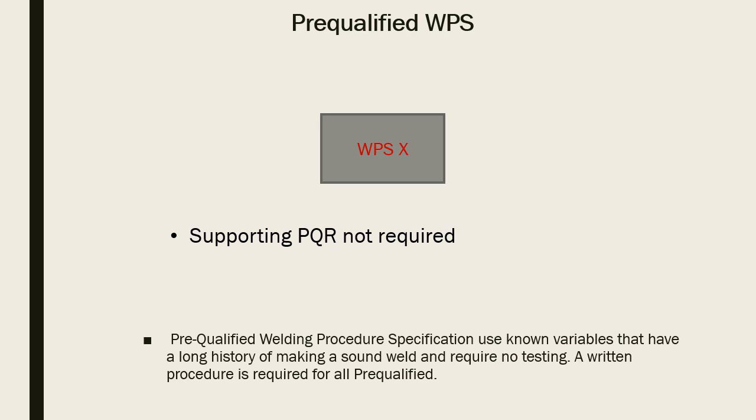So what's this telling us? It's telling us that there are codes like AWS D1.1 structural steel, which is carbon steel. They have a list of materials that are your garden variety, plain Jane, carbon structural steels, that if you weld them within the boundaries of what AWS D1.1 has said you should weld them with, they've got this little recipe checklist that you go through, and if you follow it and you follow all their rules for welding that metal to that metal with that filler metal, you're not going to mess it up.